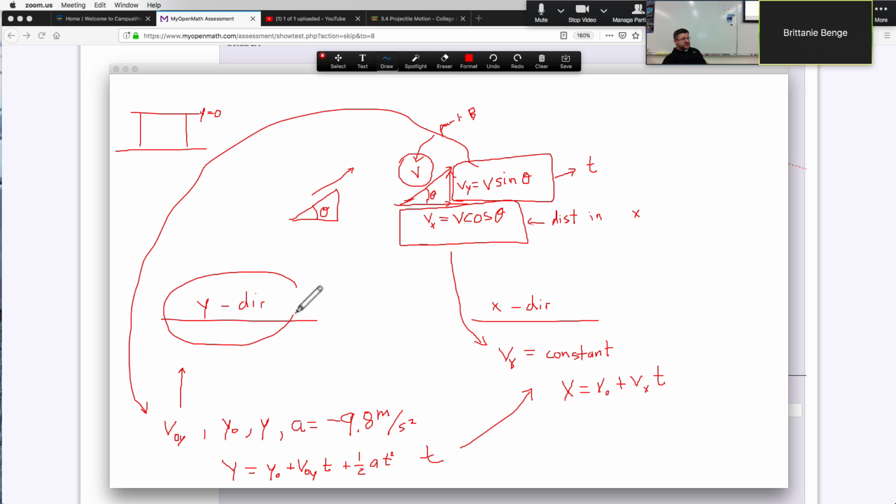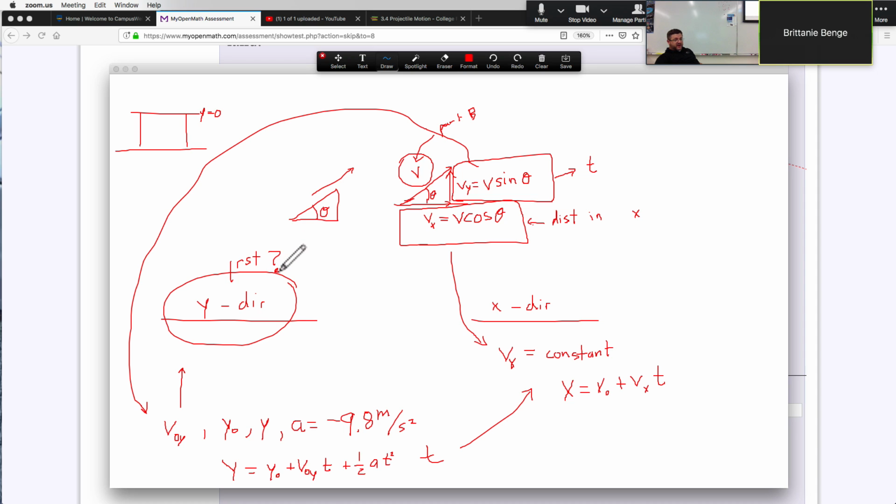It's often easy to start in the y direction first because we know the acceleration in the y direction when it's projectile motion. That's one thing we already know. We know the acceleration is negative 9.8 meters per second squared. So that's just one less thing to figure out, right? So oftentimes it's first. Not always, but oftentimes.